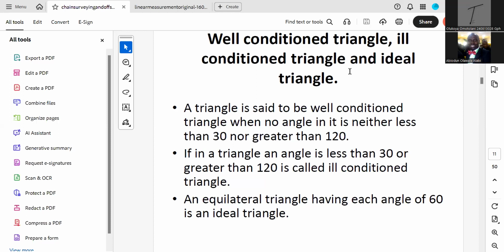So in your O-level mathematics, an equilateral triangle means that the triangle has equal sides and equal angles. Okay, so I've talked about a well-conditioned triangle, an ill-conditioned triangle and an ideal triangle. So take notes of that.